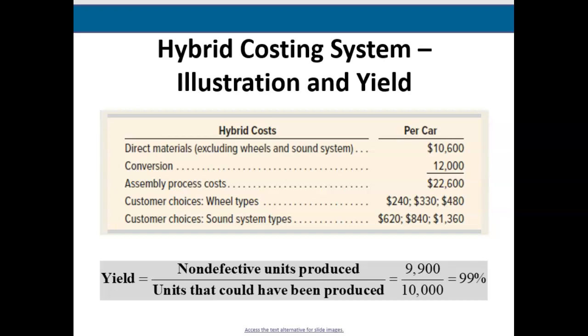If a trail mix manufacturer started 10,000 pounds of peanuts in production and ended with processed peanuts of 9,650, its yield is 96.5%. So you would take 9,650 divided by 10,000. Yield might be less than expected due to inferior direct materials or issues with the production process. When yields are lower than expected, managers ask why and take corrective action.